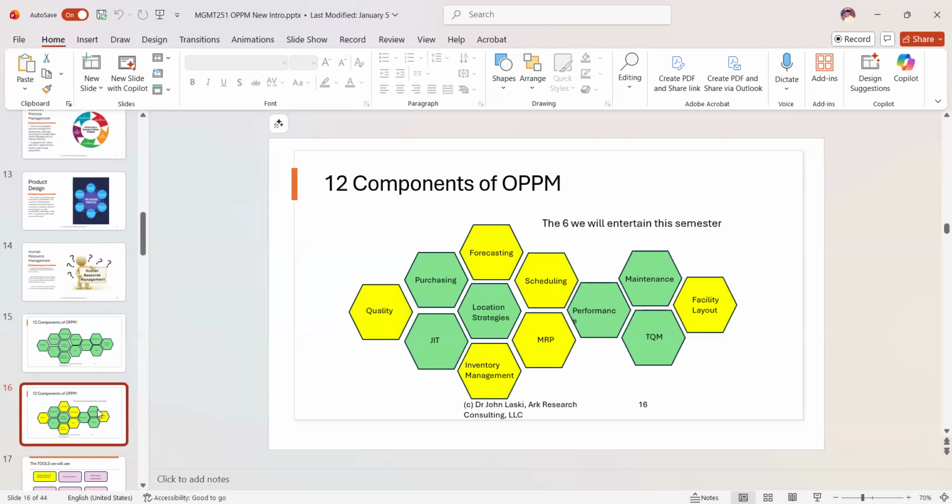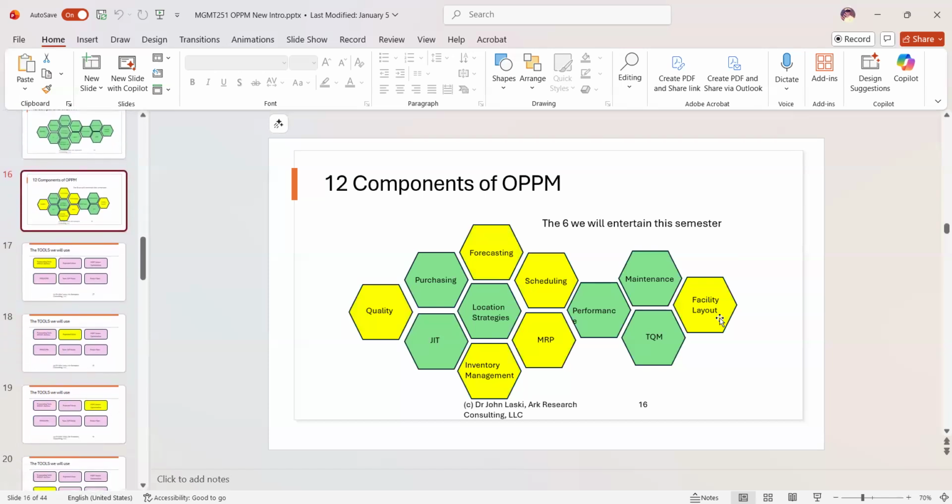The six that we will entertain this semester involve quality, forecasting, scheduling, MRP, inventory management, and facilities layout. We can't cover everything in a reasonable fashion, so we're going to do our best in these areas.